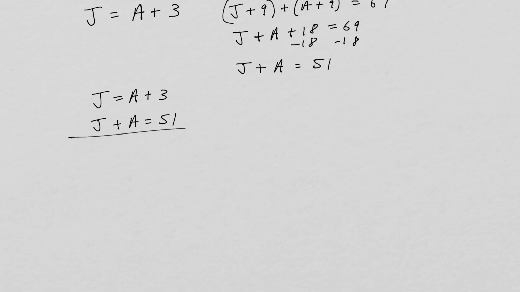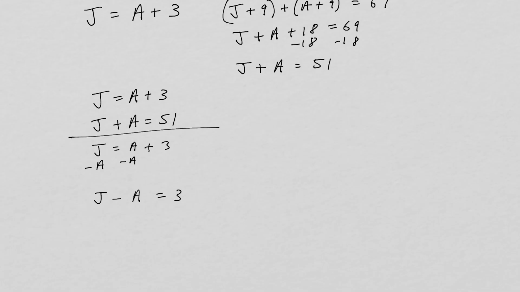So remember, for elimination, I have to make sure that the variables are lined up on the left-hand side. So I'm going to take that first equation and subtract A from both sides. Oops, this is plus 3. So I can write that first equation as J minus A is equal to 3.